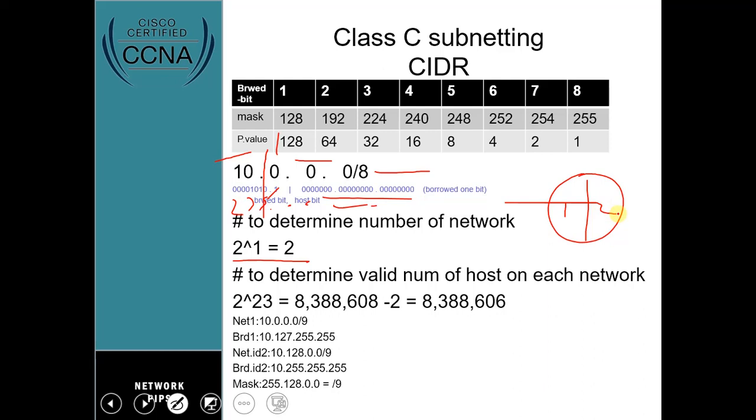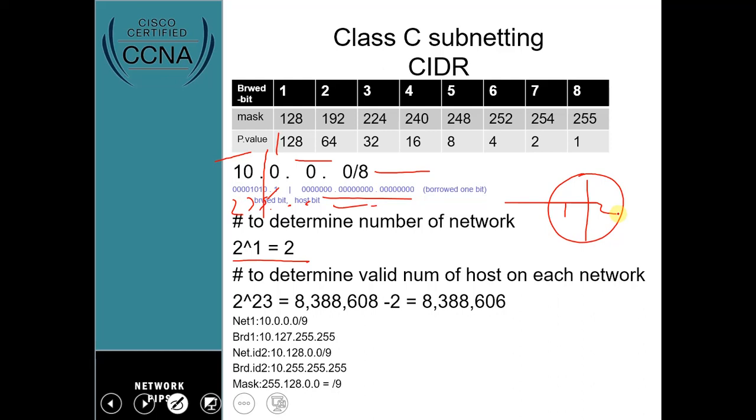I'm going to determine how many hosts, how many addresses there are on this network, by determining the number of the remaining bits after my one borrowed bit, which is 23. That is the remaining bits. So the remaining bit is 23, which is going to be 2 to the power of 23, which is going to give me 8,388,608.